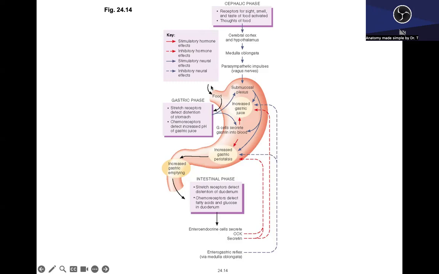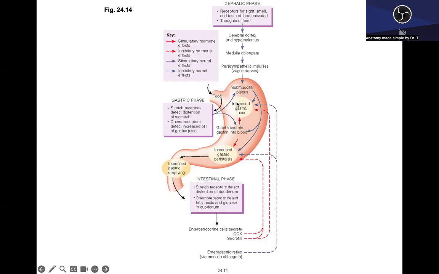I mentioned that food is neutral and it starts raising the pH from, let's say, the preferred 2 or 3. It goes up to 4, 5, 6 as more and more food arrives in the stomach. So the gastric phase is going to create more stimuli for an additional increase in gastric juice production.